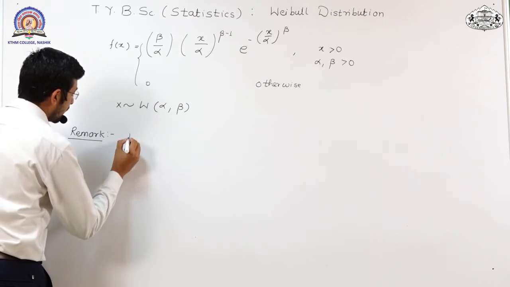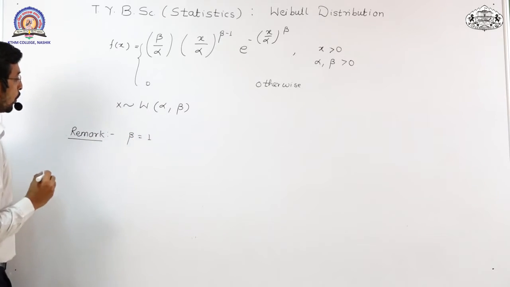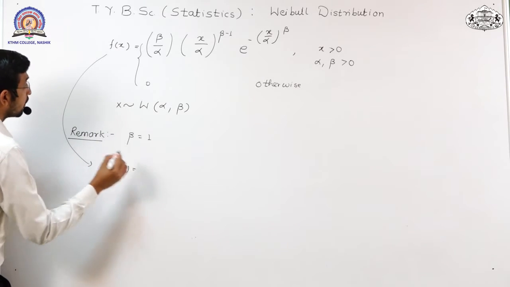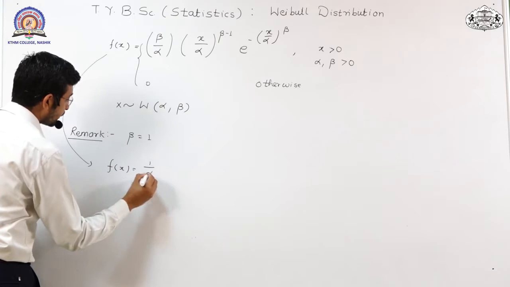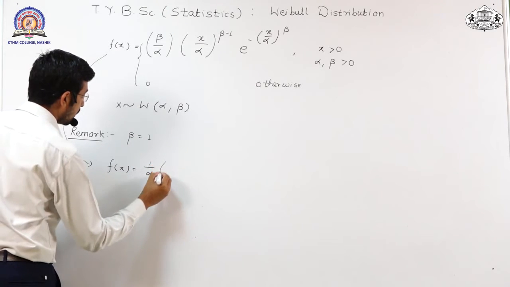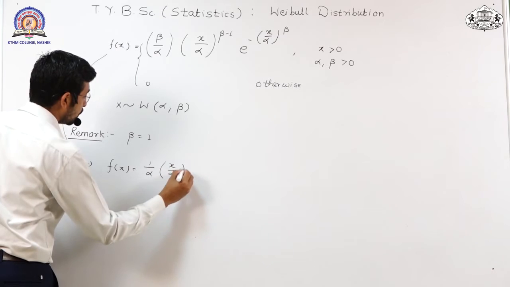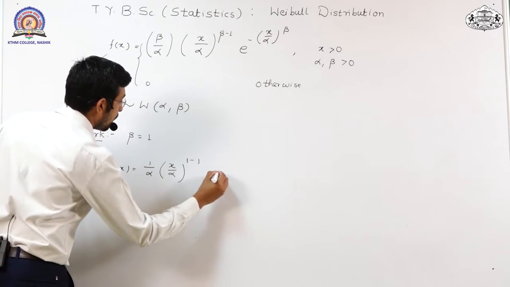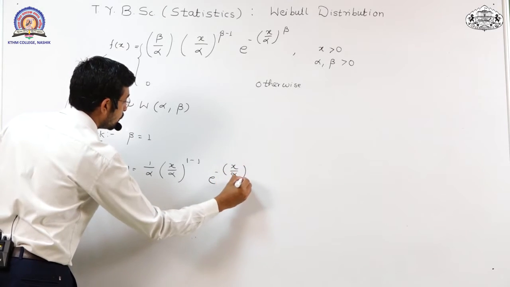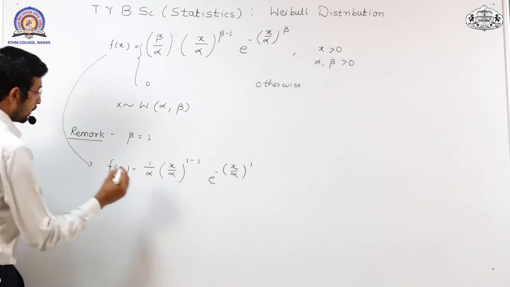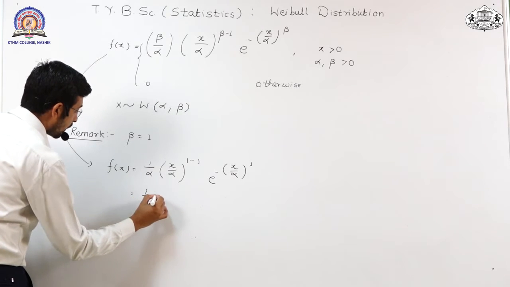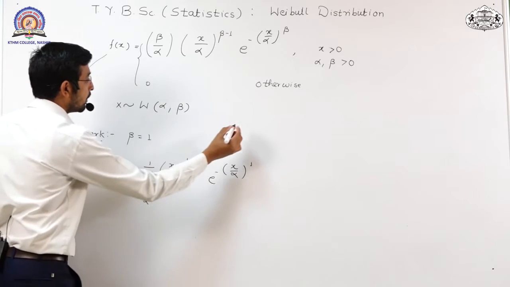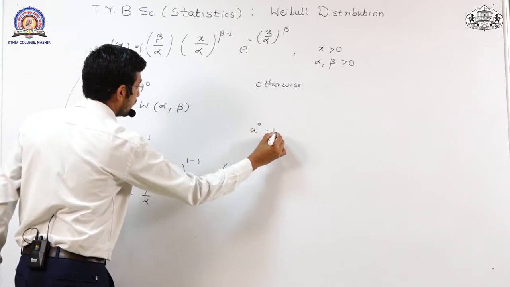If I put beta equal to 1, then my density function f of x is 1 upon alpha, x upon alpha raised to 1 minus 1, and e raised to minus x upon alpha raised to 1. So here 1 upon alpha is as it is, 1 minus 1 is 0, and we know that something raised to 0, like a raised to 0, is always 1.